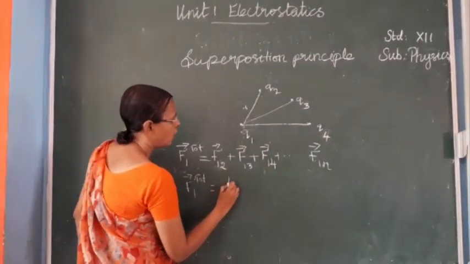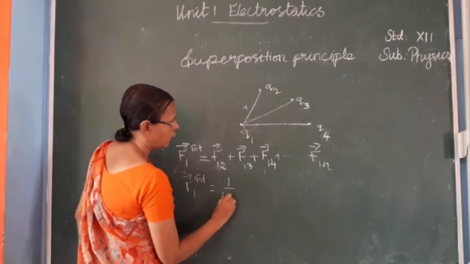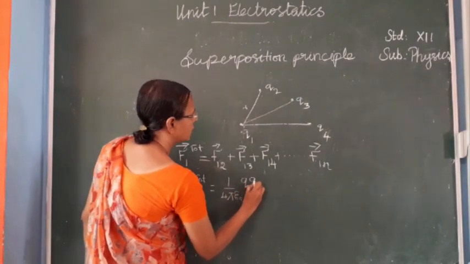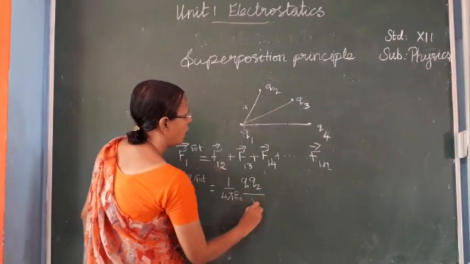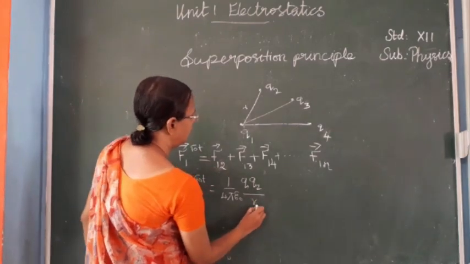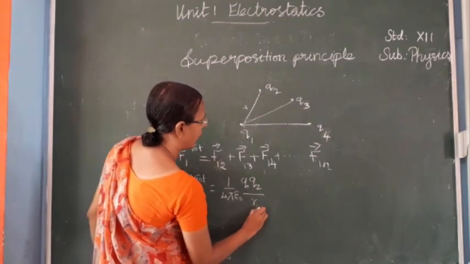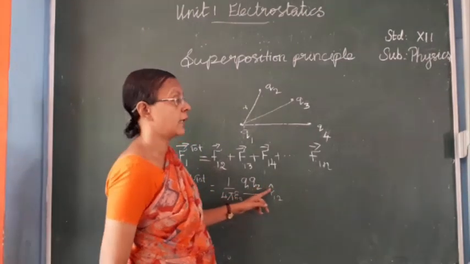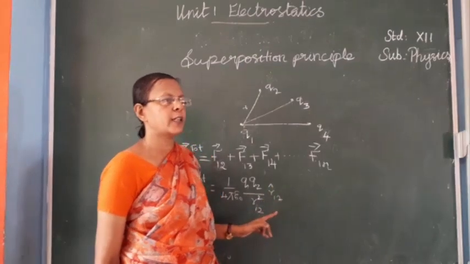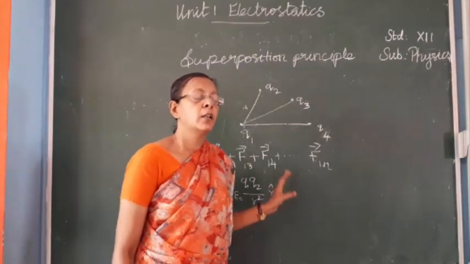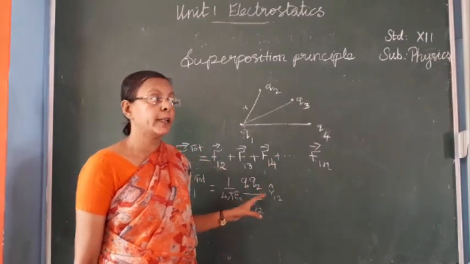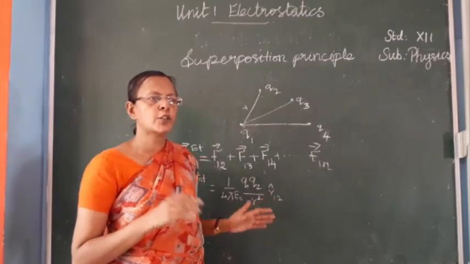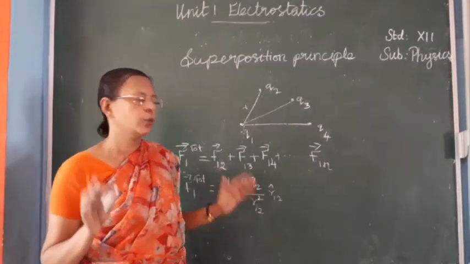So here, what is F12? 1 by 4 pi epsilon 0 Q1 Q2 divided by R12 square, R12 cap. This R cap denotes unit vectors. What is the meaning of unit vector? Unit vector means the magnitude is unit, and the direction is also unit. So we are saying this as unit vector.